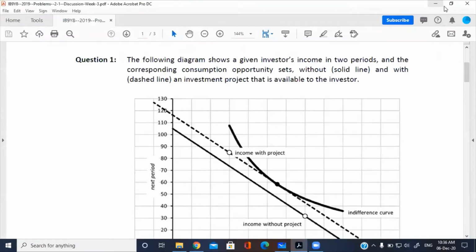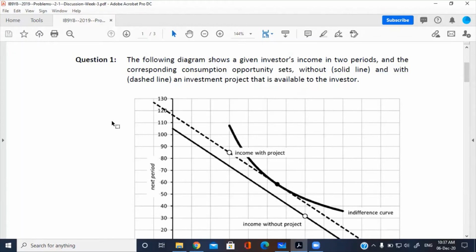Let me open the problem page. I think this document is already available with you. The first question involves some statements, and you have to judge whether they are rightly stated or wrongly stated, so that you can identify true or false.